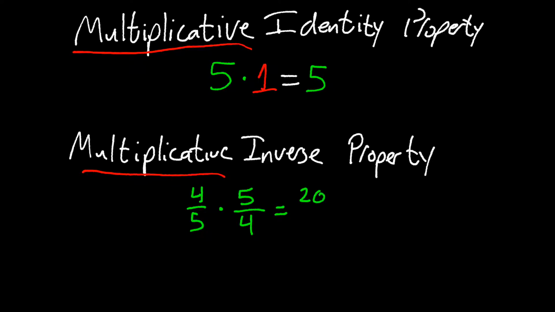That gives me 20 over 20, which is 1. So there we have it. There is the multiplicative identity and the multiplicative inverse properties to go along with the additive inverse and the additive identity. Okay, let's take a look at the next stuff.